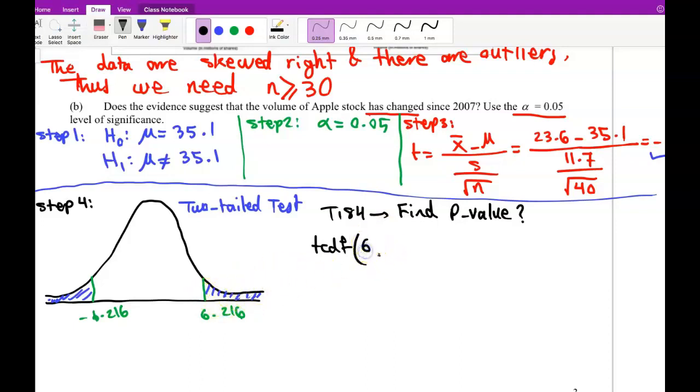I have 6.216, comma. Starting from this point going to the right, we have positive infinity. For positive infinity, press second, then division, then enter 99. So this is infinity. Then comma, our n is 40, so degrees of freedom is 39.